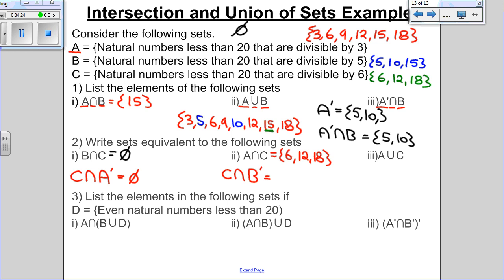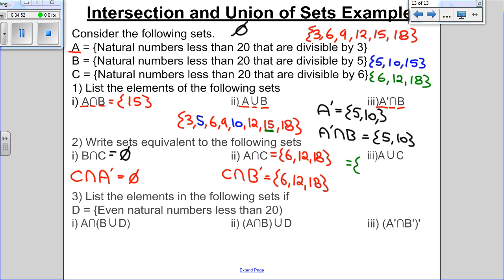The last one, the hardest one, this is what's in A or C. So all the things in A or C are listed out. So it's 3, 6, 9, 12, 15, 18.